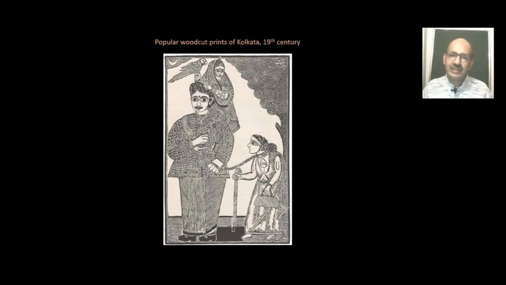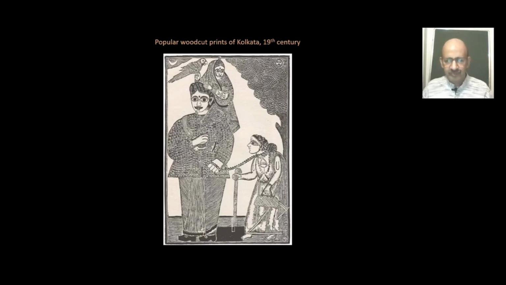We have already seen another form of popular visual culture, that is company painting, though company painting was sponsored by, patronized by the British rulers, but the visual language the company painters used was primarily of a very popular nature. And now we have prints, woodcut prints, 19th century popular woodcut prints from Calcutta.